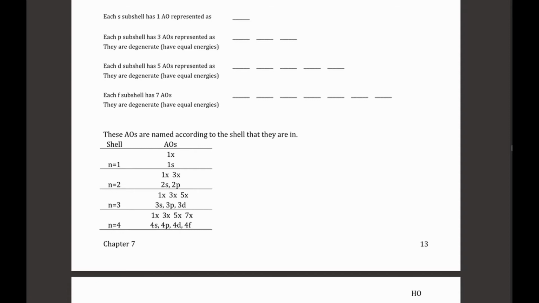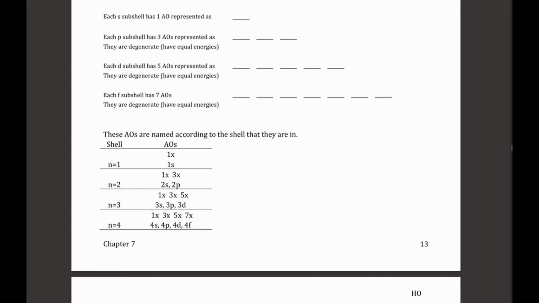We can try to make some kind of picture in our mind of a theater. Have you ever been to a theater where the stage is round and the guests, the viewers, sit in rows around the theater? So picture that. The nucleus is the stage, and the chairs around the theater are the atomic orbitals.